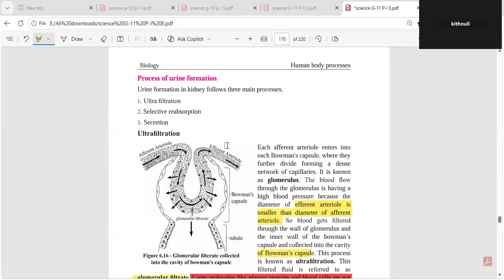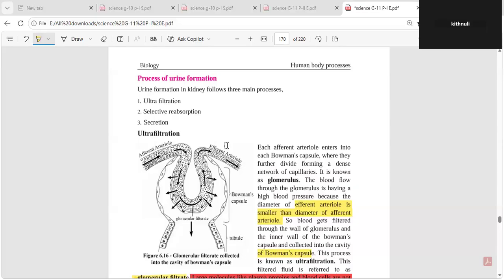This process of urine formation consists of 3 steps. First one is ultrafiltration. Second one is selective reabsorption. Third one is secretion.